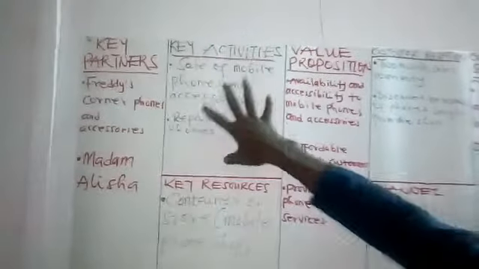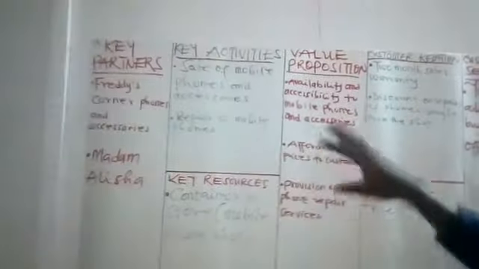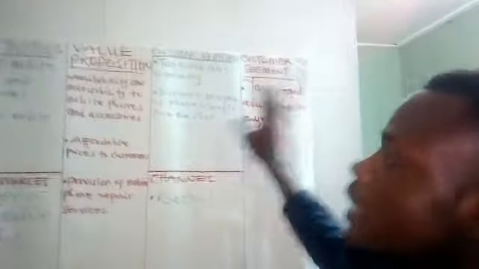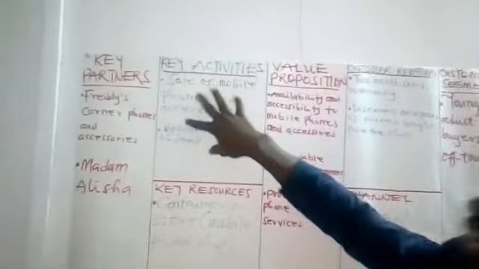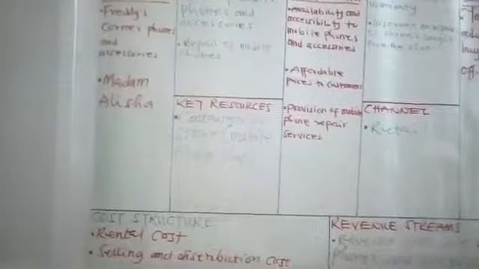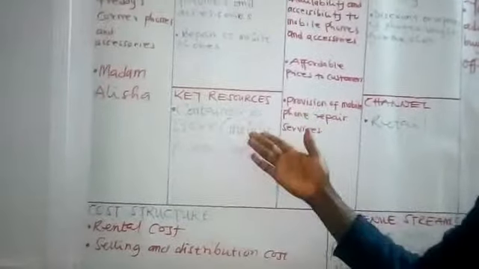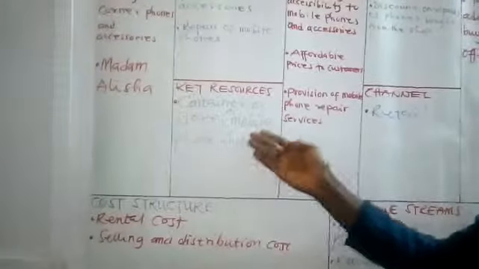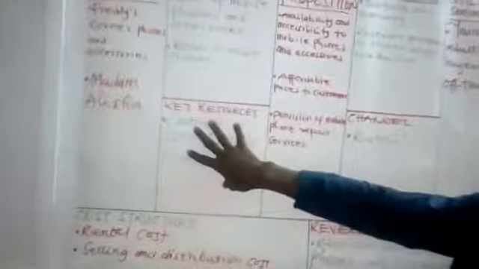Then in order to perform these activities, he needs certain resources, which are the key resources. He said he needs a container or a store, which is a mobile phone shop. That is a premises where he can sell his mobile phones. So that is his major resource.